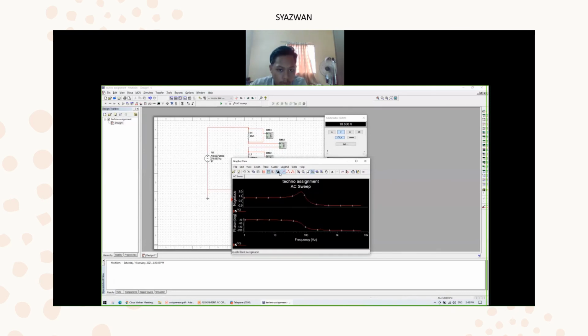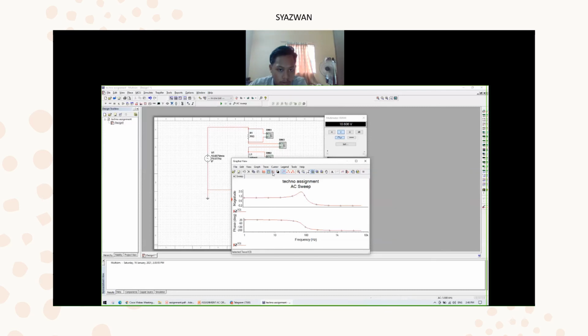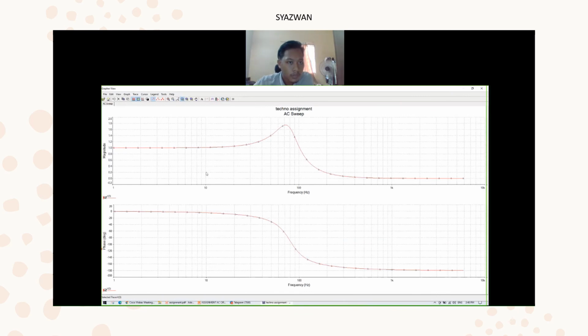We put the white background. Here we click the cursor for the magnitude. Okay, how to check whether the theory of frequency is correct or not.